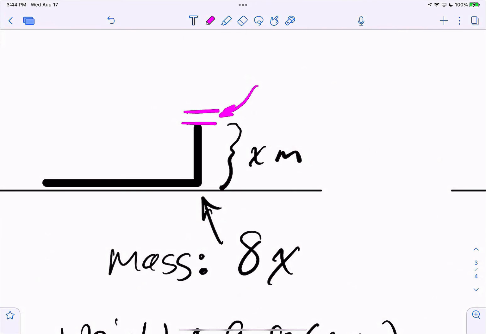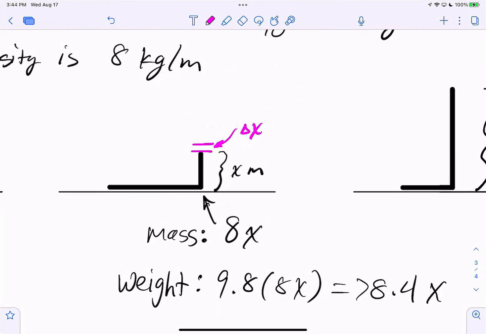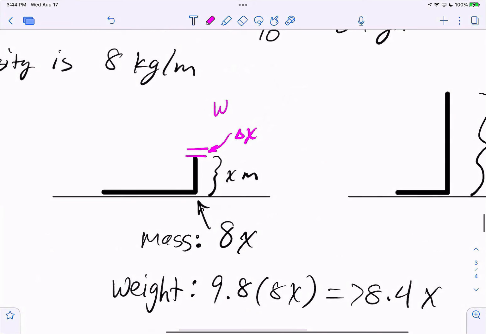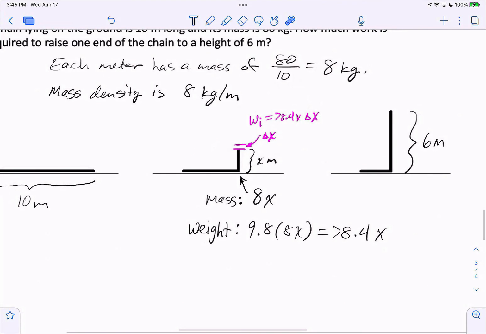Guess what that is? Delta x. So, the incremental work done in lifting the chain this infinitesimally small distance is 78.4x delta x.